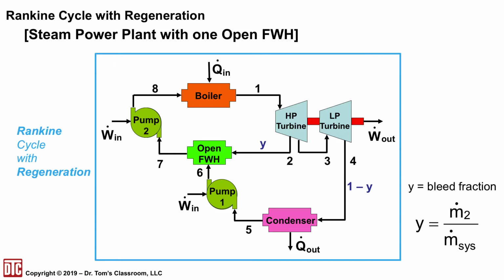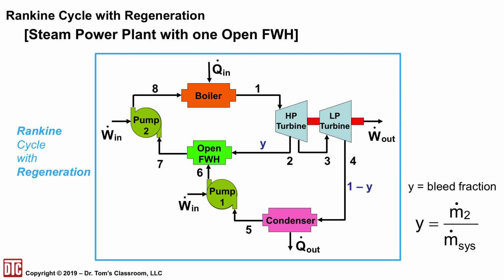Okay, so we add a lot of things here to get this open feed water heater added. This is basically the same diagram that is in the reference handbook. Pump number 2 is the one that we have really been talking about as our feed pump. Where you notice the difference here is over on the turbine. We have a high pressure turbine and a low pressure turbine instead of just a single turbine.